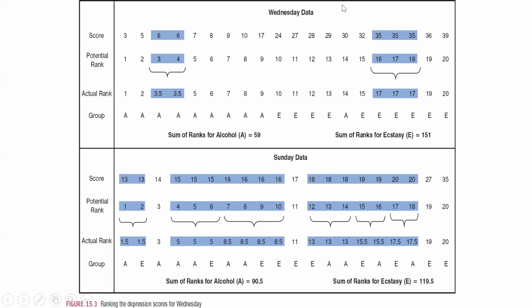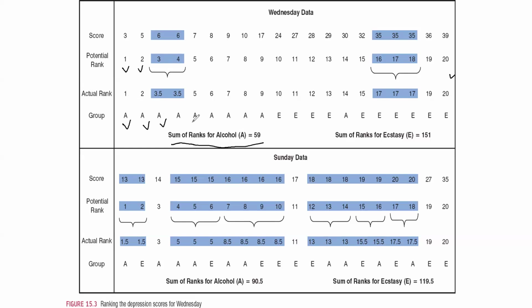Yes, you can see the ranking of the data. First of all, we create our data in ascending or descending order. There are 20 observations, out of which 10 are ecstasy tablet users and 10 syrup users. The lowest score is treated as rank 1.